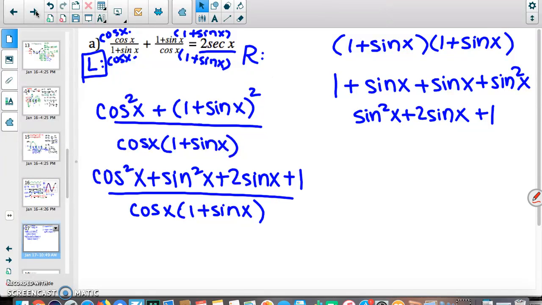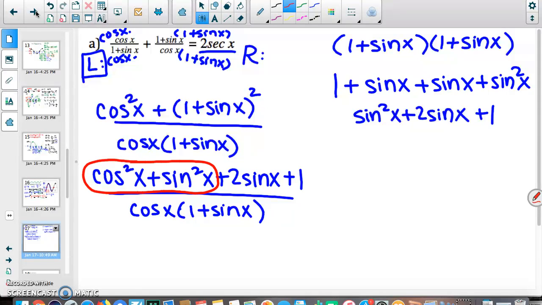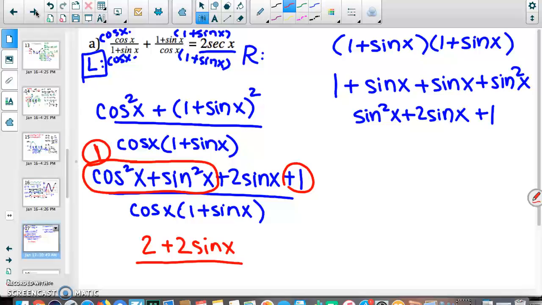All right, hopefully we remember cosine squared plus sine squared is just equal to 1. So I get 1 plus 1, which will give me 2, plus 2 sine of x, all over cosine times 1 plus sine.